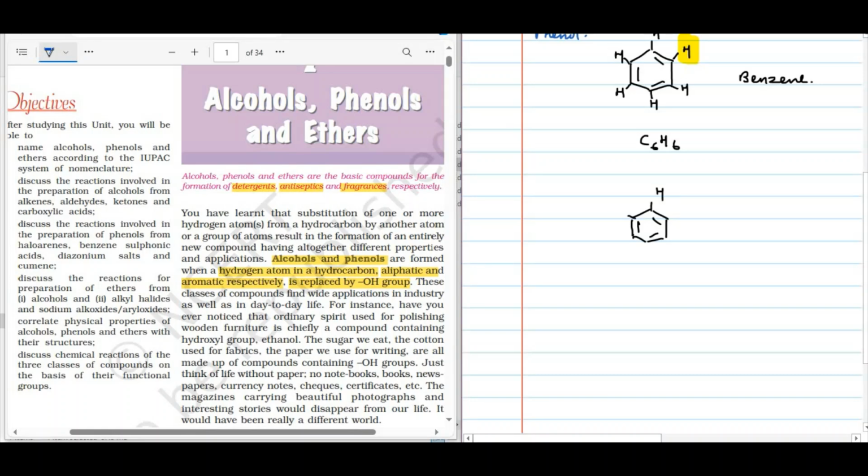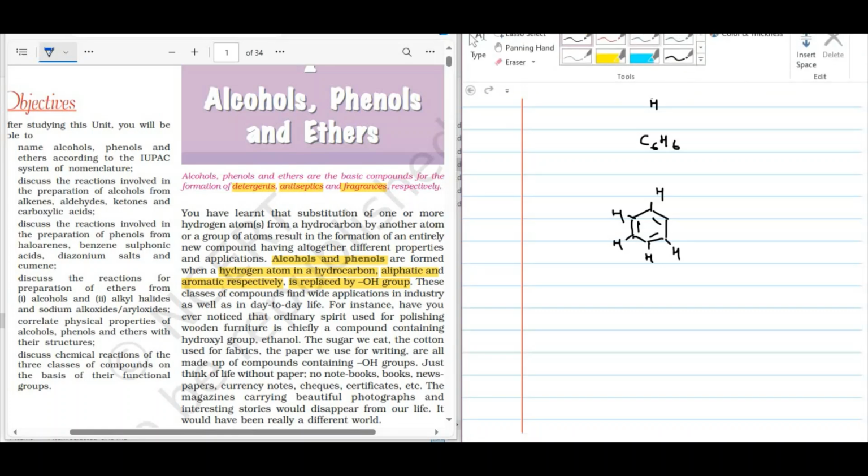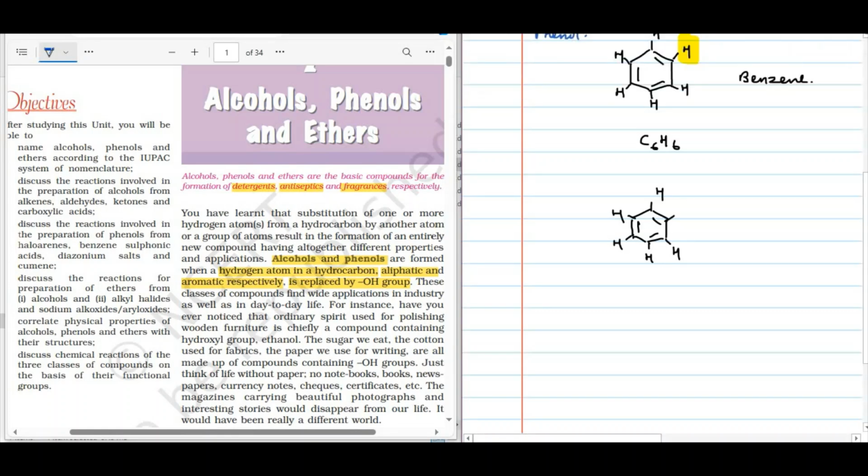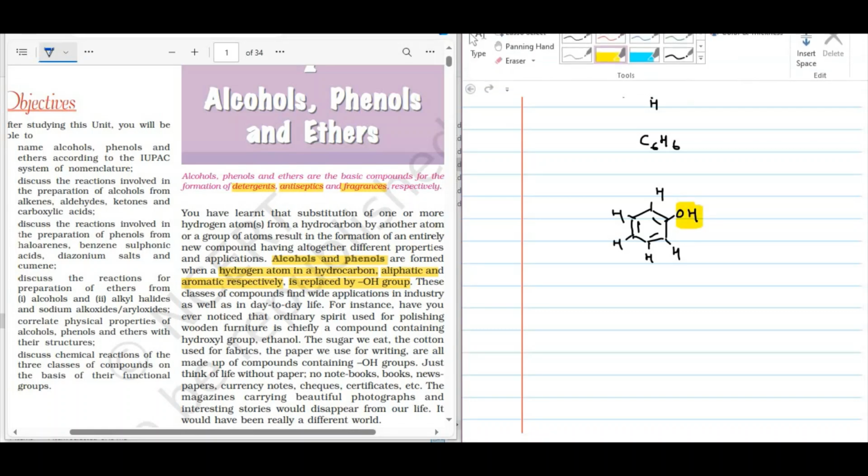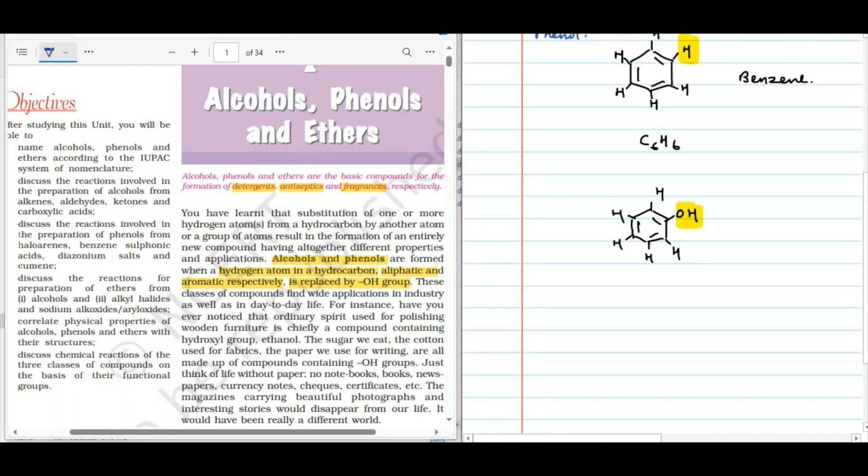The rest of the positions are occupied by hydrogen. And here I am just going to replace one of the hydrogens with OH. So if I replace this hydrogen with OH, now this becomes phenol. So this is phenol. So aromatic alcohol is phenol.